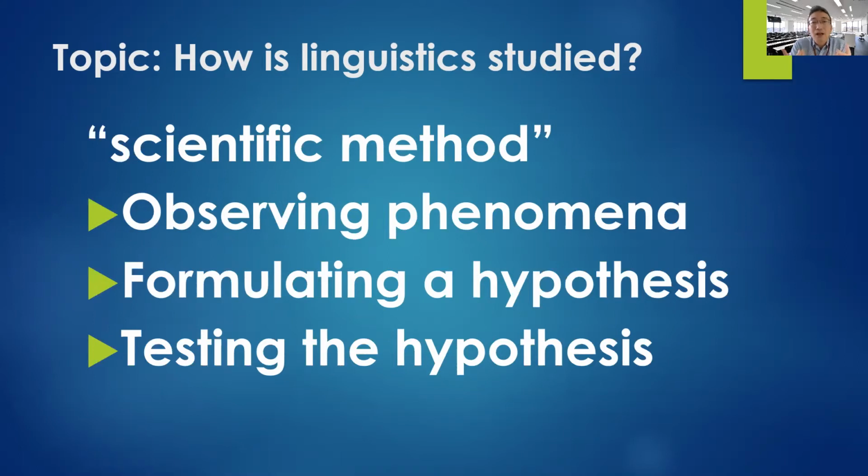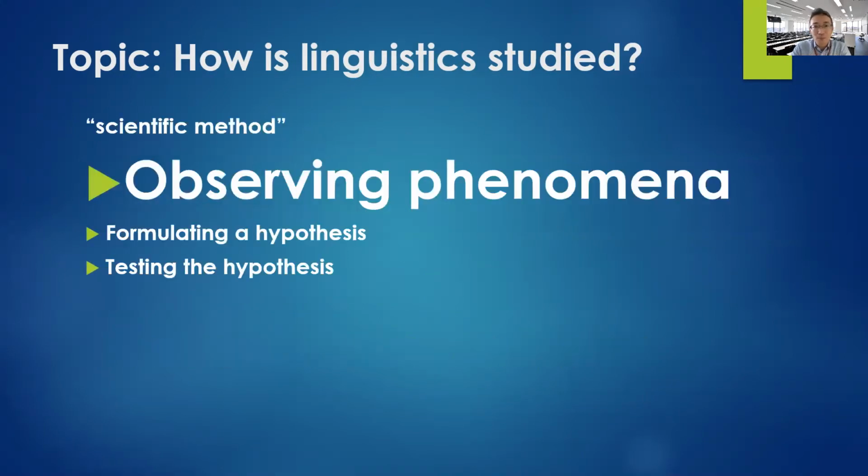Then just formulating a hypothesis is not enough. We have to test that hypothesis. These three steps are the usual steps to be taken in order to understand the phenomenon scientifically. So that's what scientific method is all about. So let me explain each one of these steps.